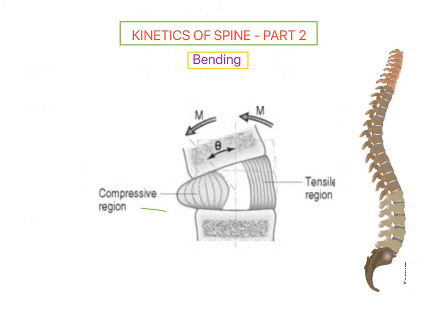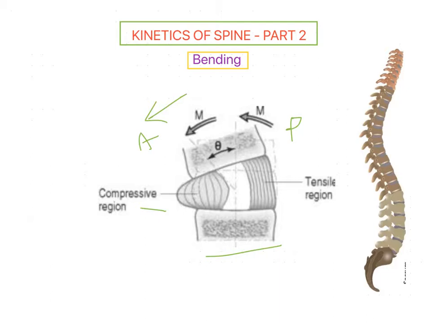For example, in forward flexion, this is the schematic representation of the mobile segment. This is anterior and this one is posterior. The person is bending anteriorly, that means forward flexion is taking place.